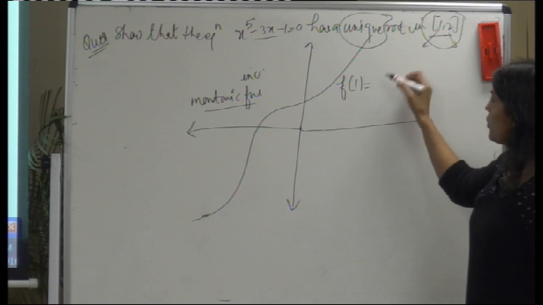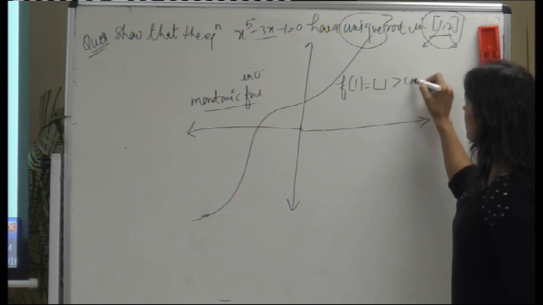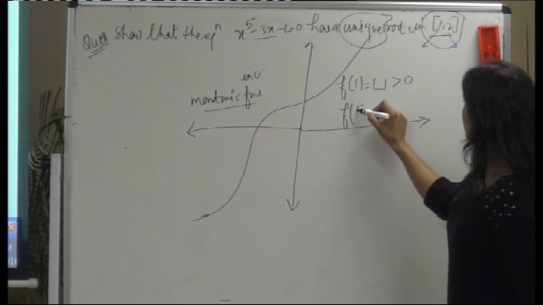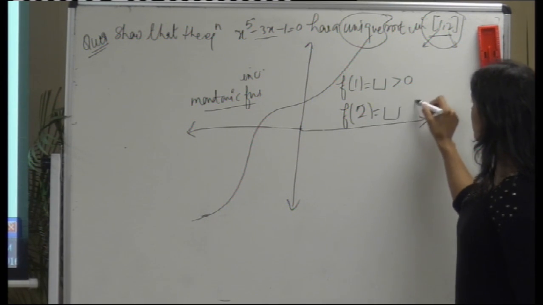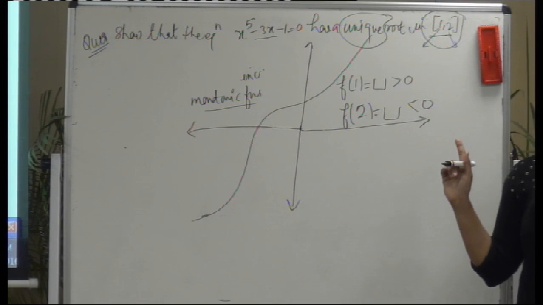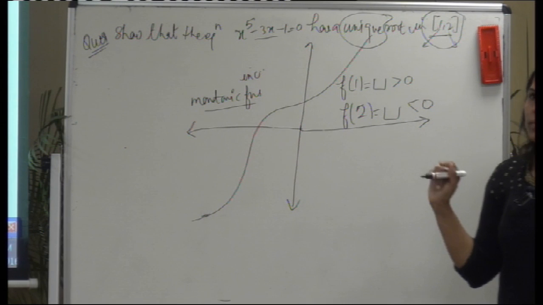Suppose this is some value and this is positive, and suppose at 2 this is some value. Is it possible for this case especially? Will this happen? What could be the possibility?